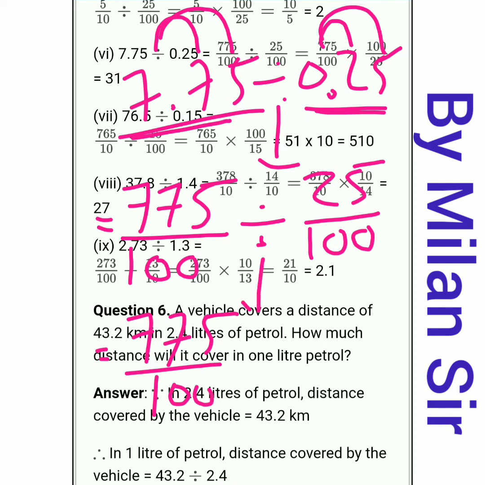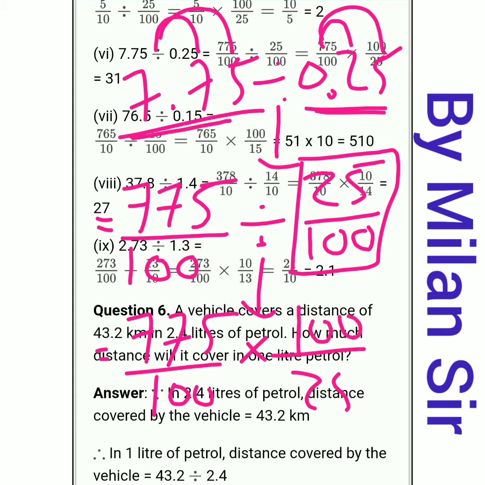Now we convert this division into multiplication, and for that we take the reciprocal of our second number, 25 divided by 100. We change the numerator and denominator, so it becomes 100 by 25: 25 goes to the denominator and 100 goes to the numerator.